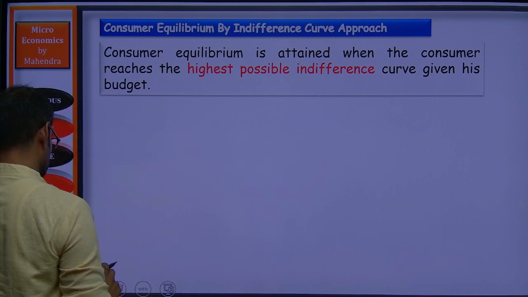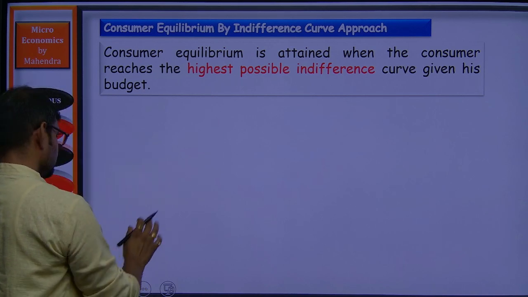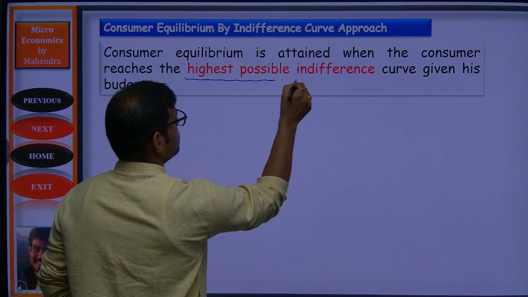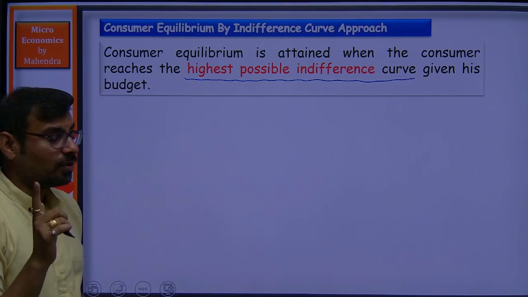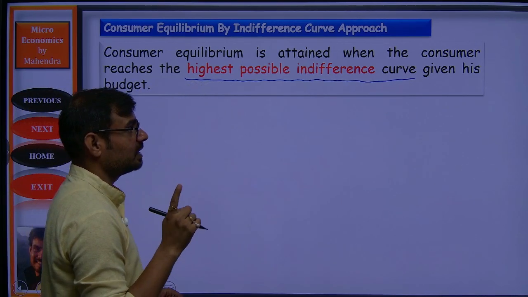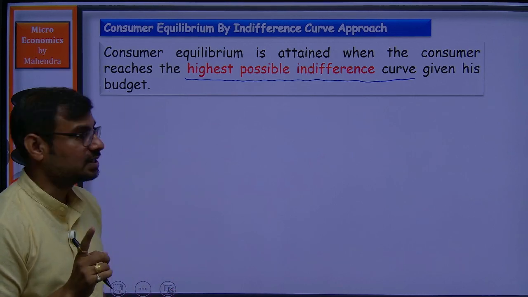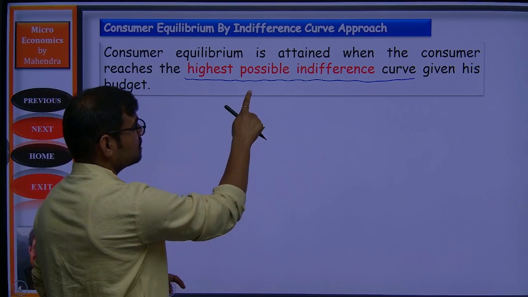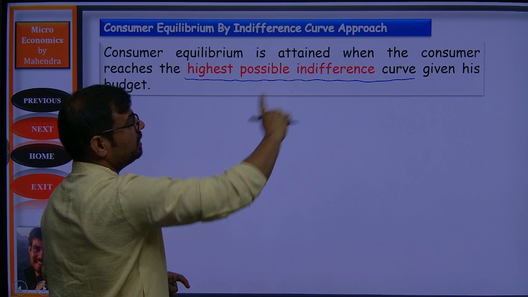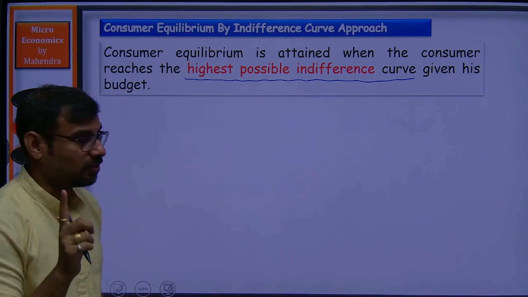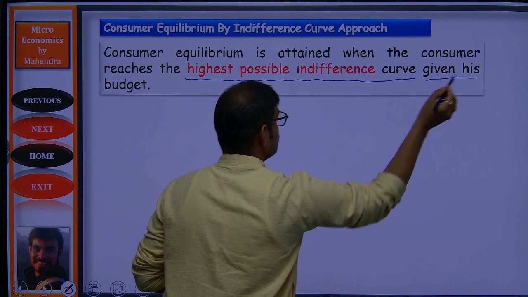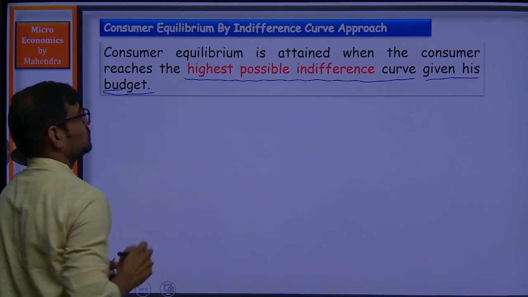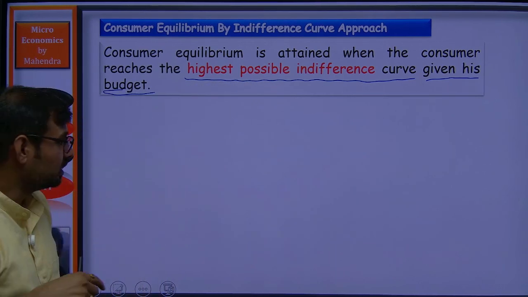As I've told you, there is one important property of indifference curve, which is that a higher indifference curve shows a higher level of satisfaction. So this indifference curve should be very high. That is point number one. Then point number two is we also have to consider the budget. That's also very important, which I've already told you.